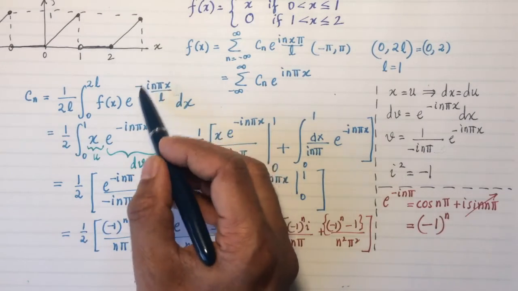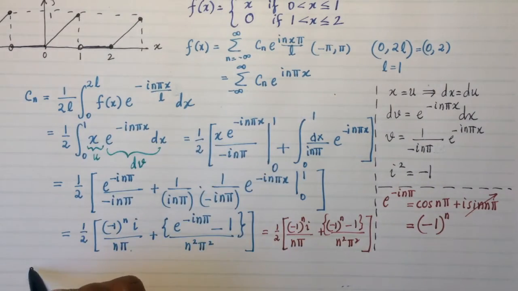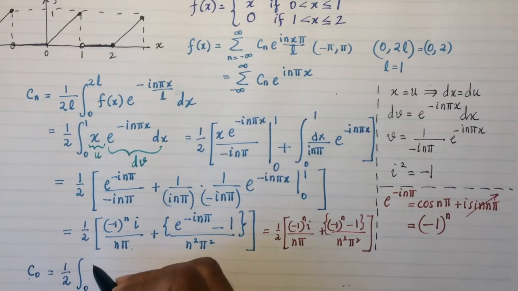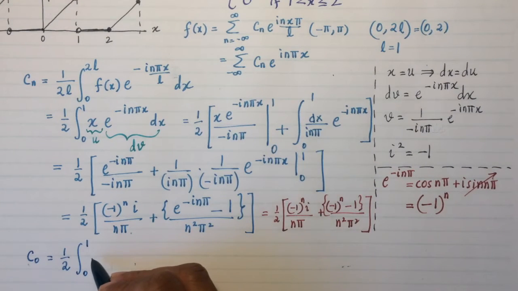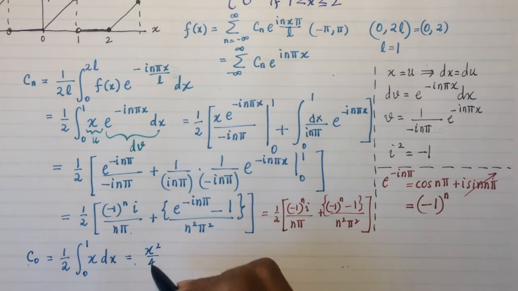For n equals 0, this thing simply disappears, and I simply get that. So let's do the n equals 0 case separately, and that way we don't have to worry about these ugly limits. Integral 0 to 1 is just x dx. Well, that's just x squared over 2, is it not? So that's going to give me x squared over 4 because of the 2 that's present beforehand, from 0 to 1, and that's just 1/4.